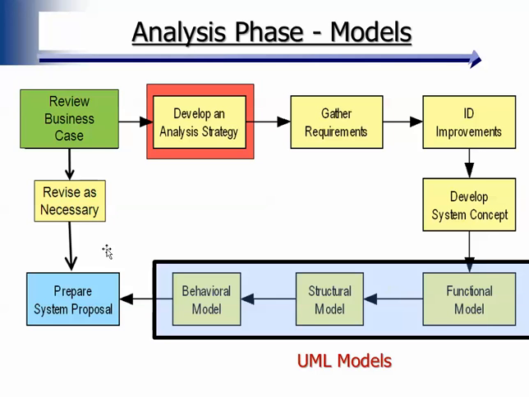So in the analysis phase we'll use UML models for describing things from a business person's perspective. In the design phase we'll use the same UML models but with a little bit more technical detail in them, to look at the same system issues but from a technical person's perspective rather than a business person's perspective.